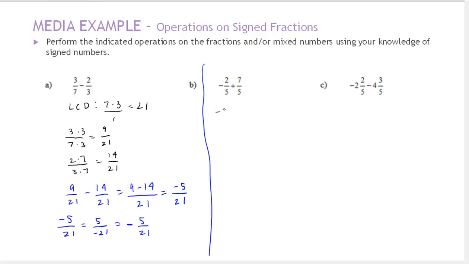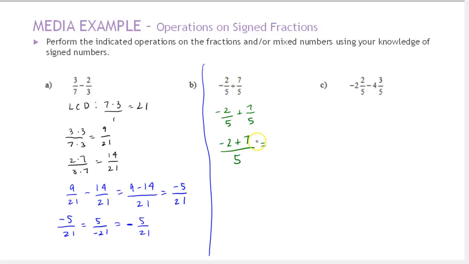Negative 2/5 plus 7/5. Okay, so notice we're adding here, and we're going to think of negative 2/5 as negative 2 over 5. That way they have a common denominator already. Now we can just add the numerators, negative 2 plus 7, keep the denominator.